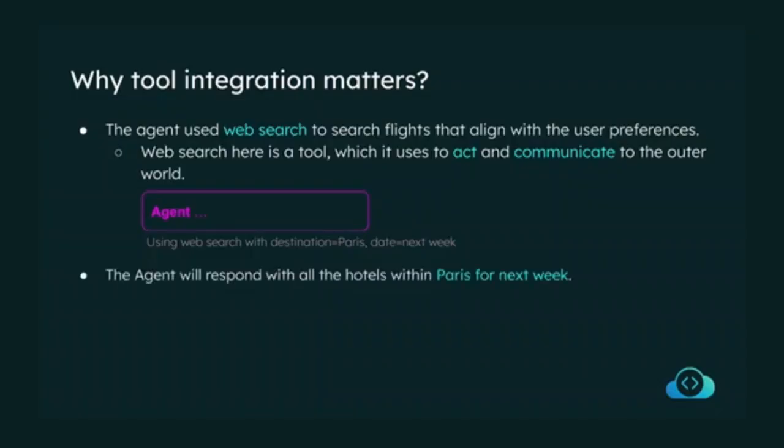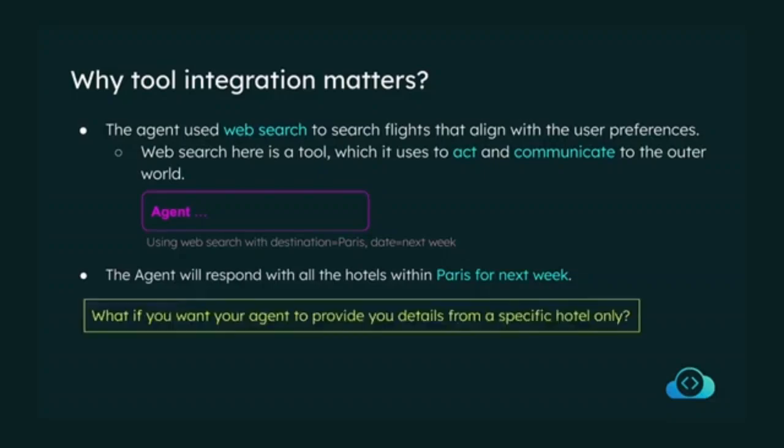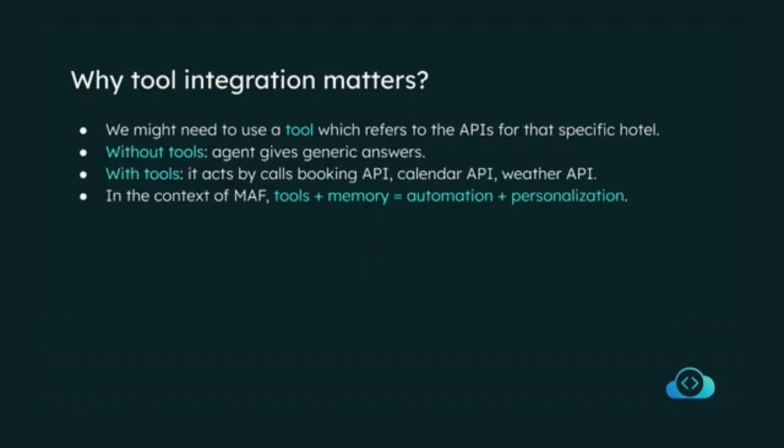It would bring all the kind of list of hotels that exist in Paris for next week. What if we just need one hotel? What if we just need to communicate about booking and finding the right kind of suite in one hotel? That's how tool integration matters, because we might need to use a tool which refers to an API for a specific hotel. So that's how it comes into play.